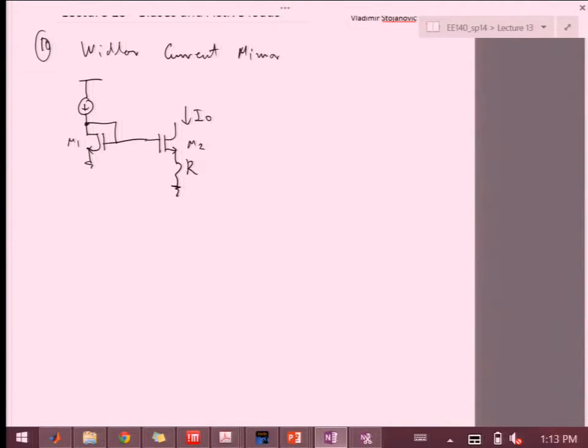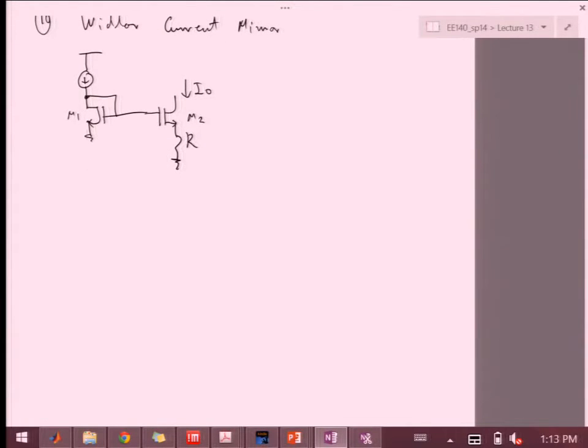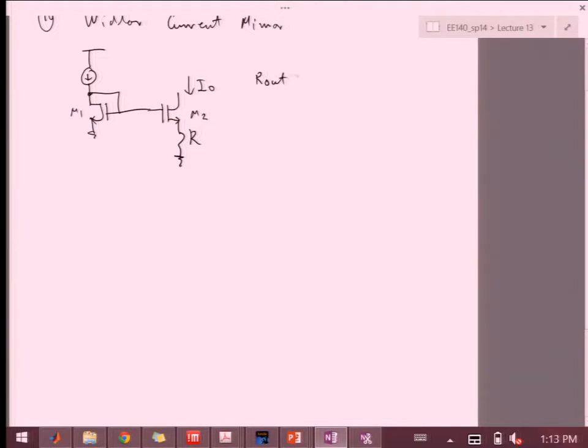So I see laughs. Okay, so maybe we can go quickly through this one. What should be the Rout for this one? Rout is looking here. Ro. Okay. Any other opinions? Everyone agrees?